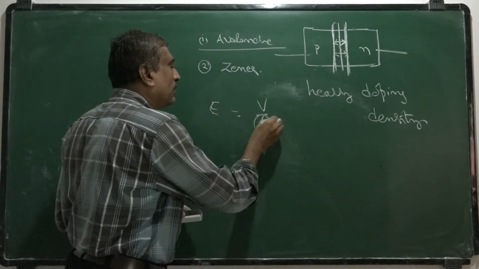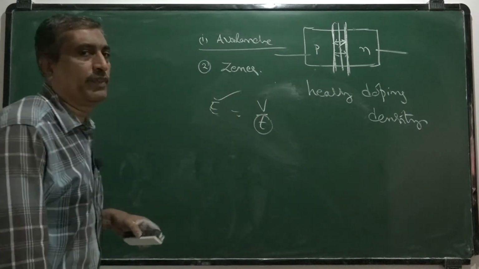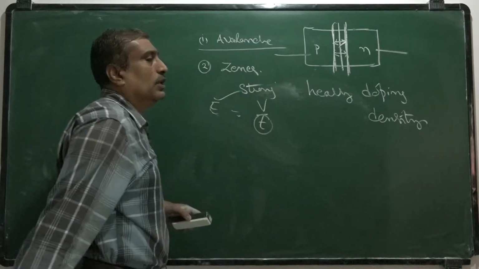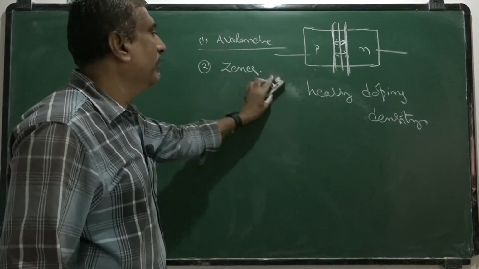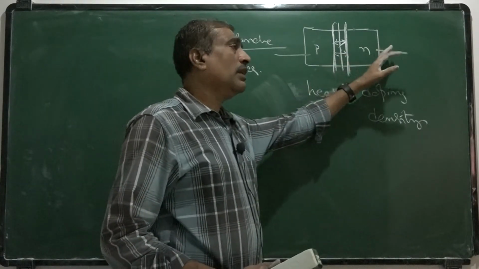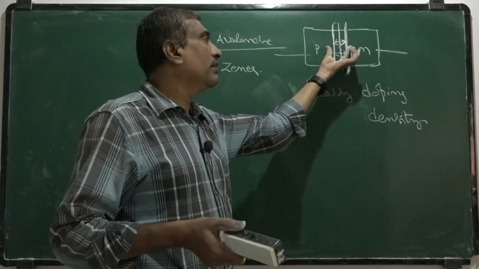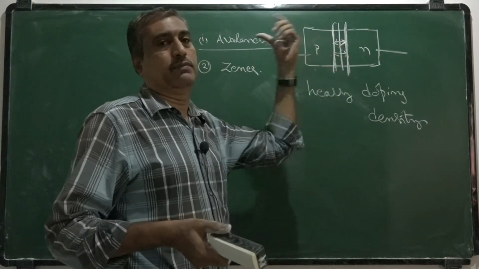If thickness is small, the E value is more, which means it becomes a strong electric field. So in a heavily doped p-n junction diode in reverse bias, a strong electric field is established across this junction.